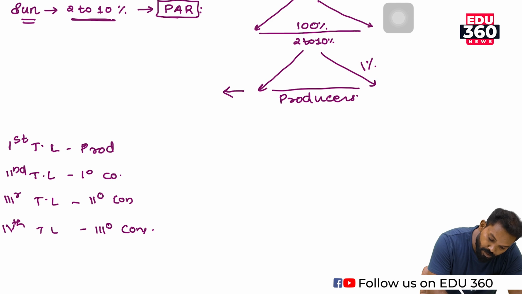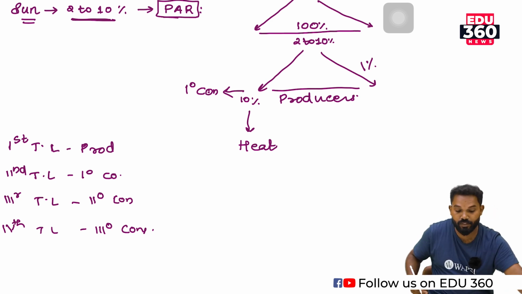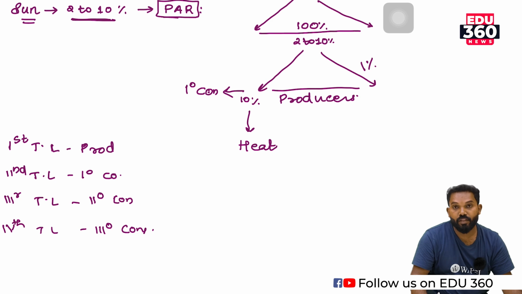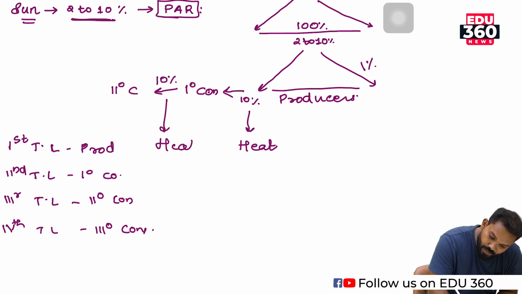So from the producer to the primary consumer, only 10% of energy is transferred, and they lose 90% as heat or through metabolic and mechanical activity, etc. From the primary consumer to the secondary consumer, there is also 10% of energy transferred, while 90% of energy is lost as heat.